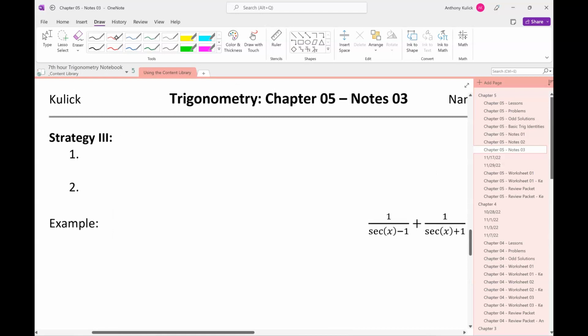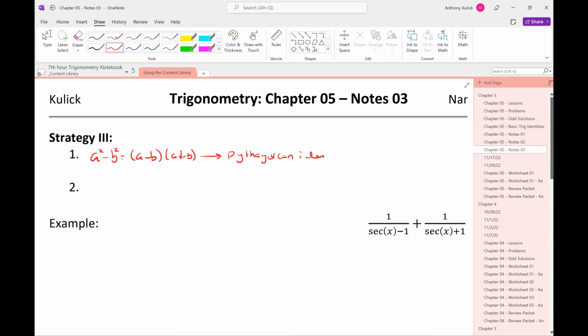Okay. My next two strategies. This difference of two squares factoring pattern often will be our link to the Pythagorean identities.